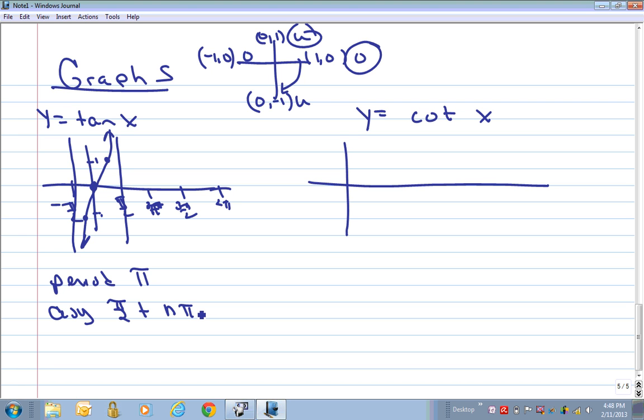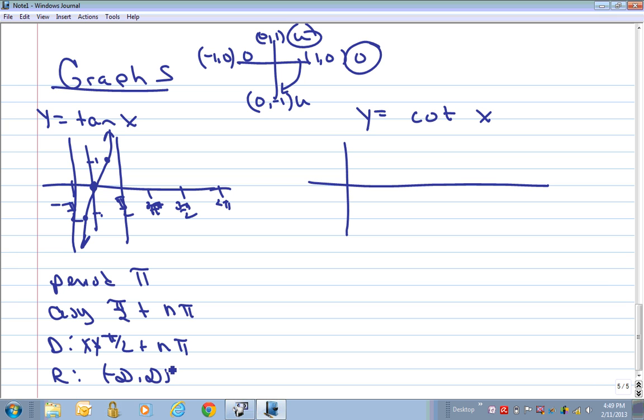The domain would be all real values except pi over 2 and increments of pi. So x cannot equal those. And then our range is going to go, notice it goes up with an arrow to infinity and negative infinity, so negative to positive infinity.